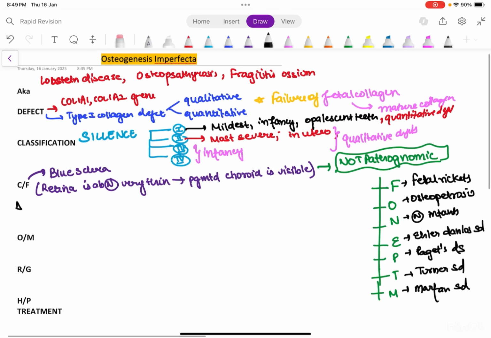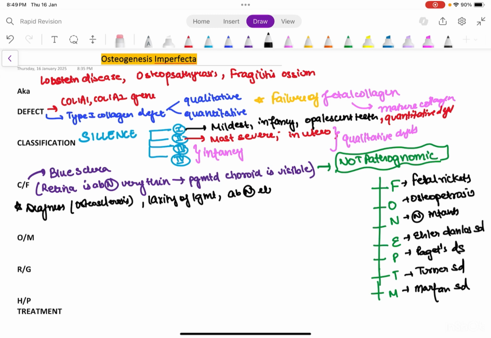All right, then other clinical features are deafness due to otosclerosis. Then we have laxity of ligament and abnormal electrical reaction of muscles.